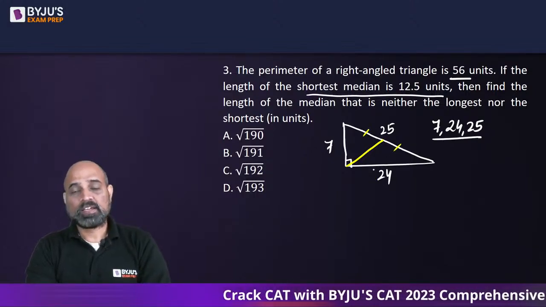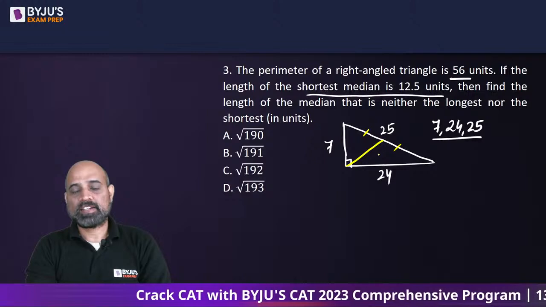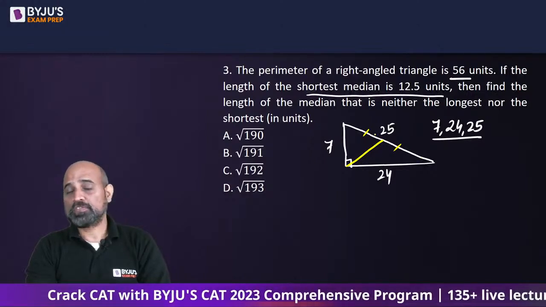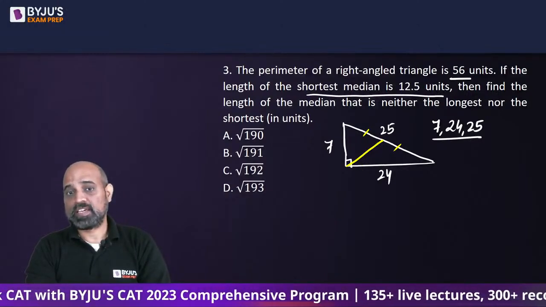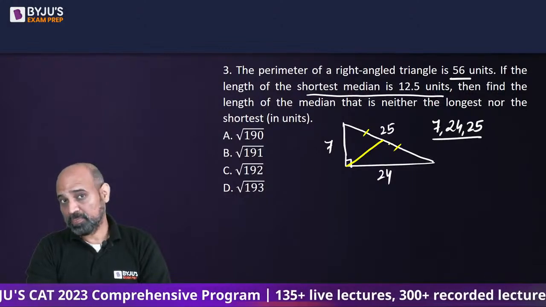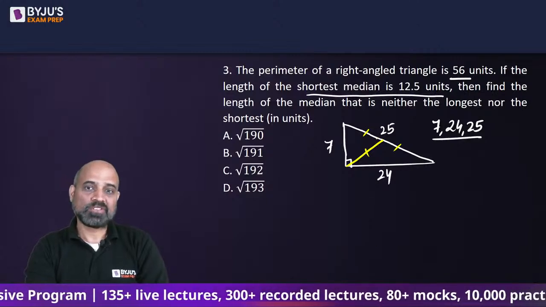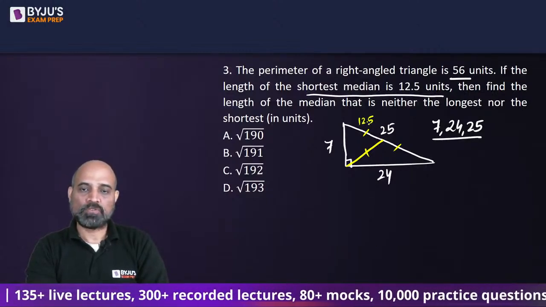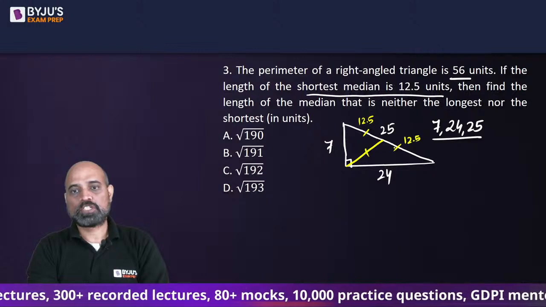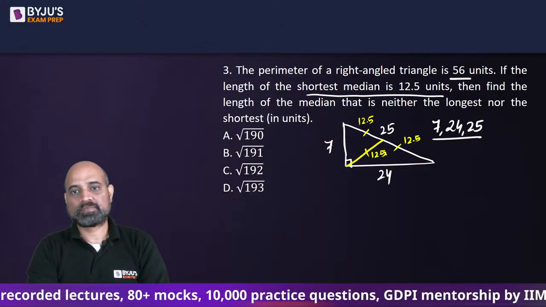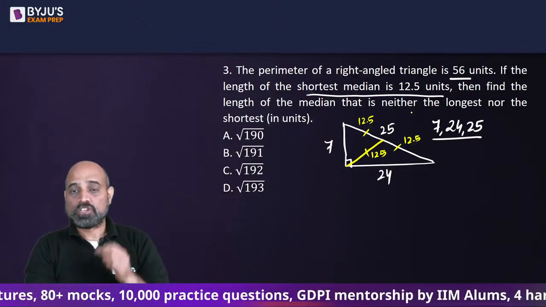And in the case of a right angle triangle, the median on the hypotenuse is half the hypotenuse. So this is 25, so it will be 12.5, which completely makes sense. So this is verified.